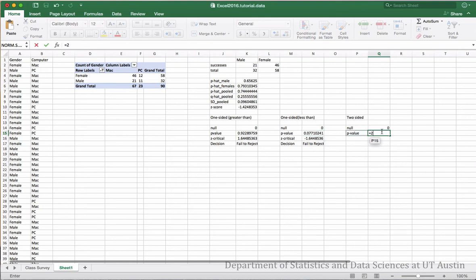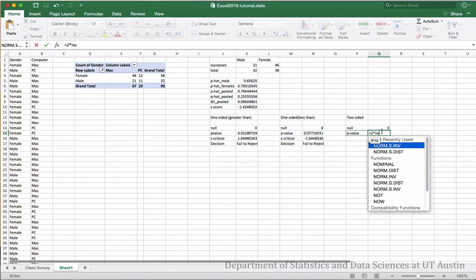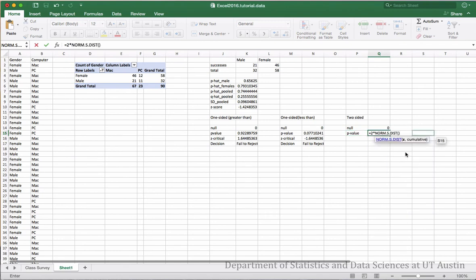So we can do 2 times NORM.S.DIST. We can select our z-score. That will give us the probability of being less than negative 1.42, but we also will have to account for being greater than positive 1.42, which is where the 2 times comes into play.